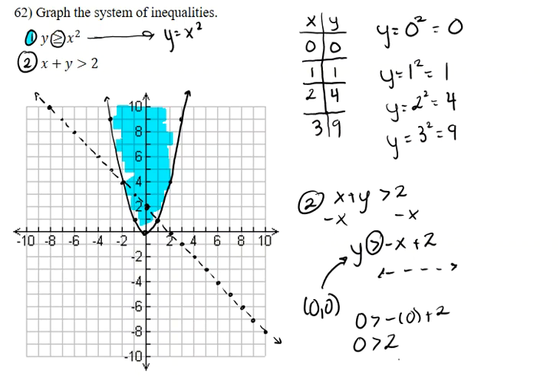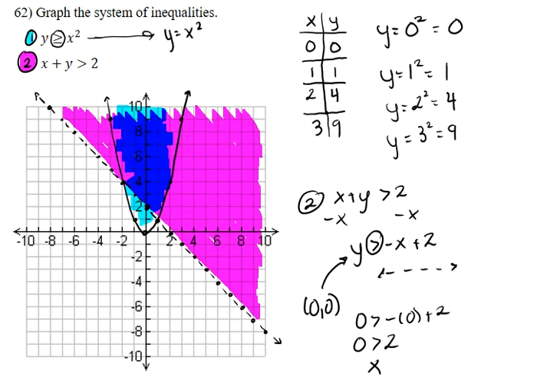This is a false statement, meaning you're going to shade where that point 0, 0 is not. So in our case, it is above our inequality line. So since it is above the line, we're going to shade right in this region where that point 0, 0 is not.